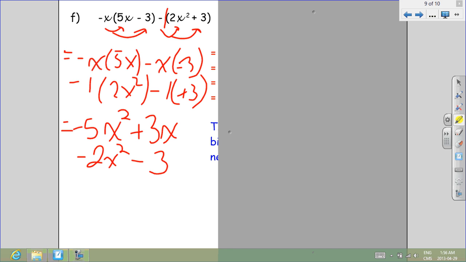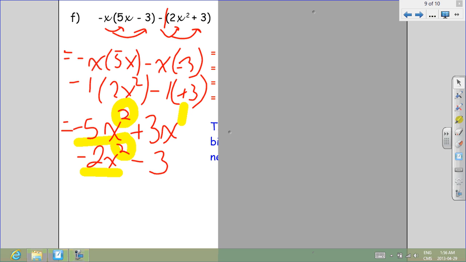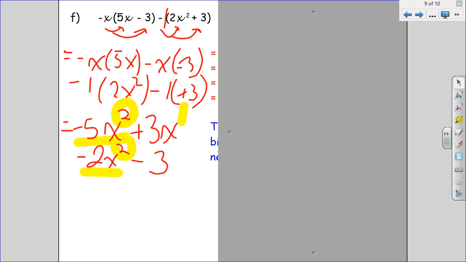And if I look, the only like terms I have are these two here because they both have an exponent of 2. The 3x only has an exponent of 1, so it's not a like term. So if I take 5 and I take 2, I've taken a total of 7x squared, so it's negative 7x squared plus 3x minus 3.